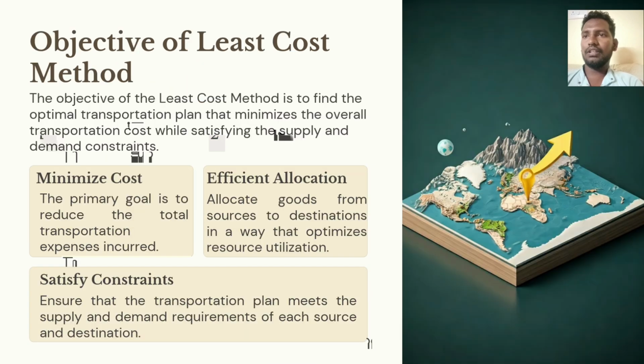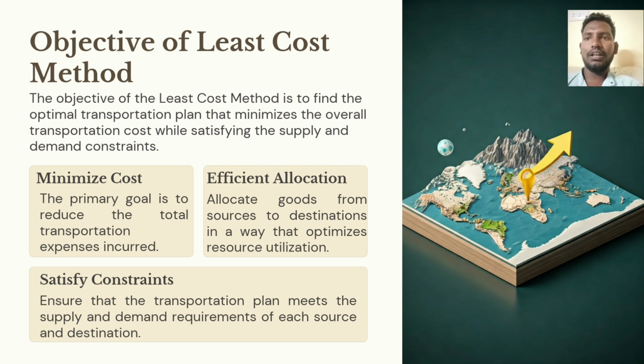Next we will move on to the objective of the least cost method. The objective is to find an optimal transportation plan that minimizes the overall transportation cost while satisfying the supply and demand constraints. Minimize cost and efficient allocation. Minimize cost: the primary goal is to reduce the total transportation expenses incurred.